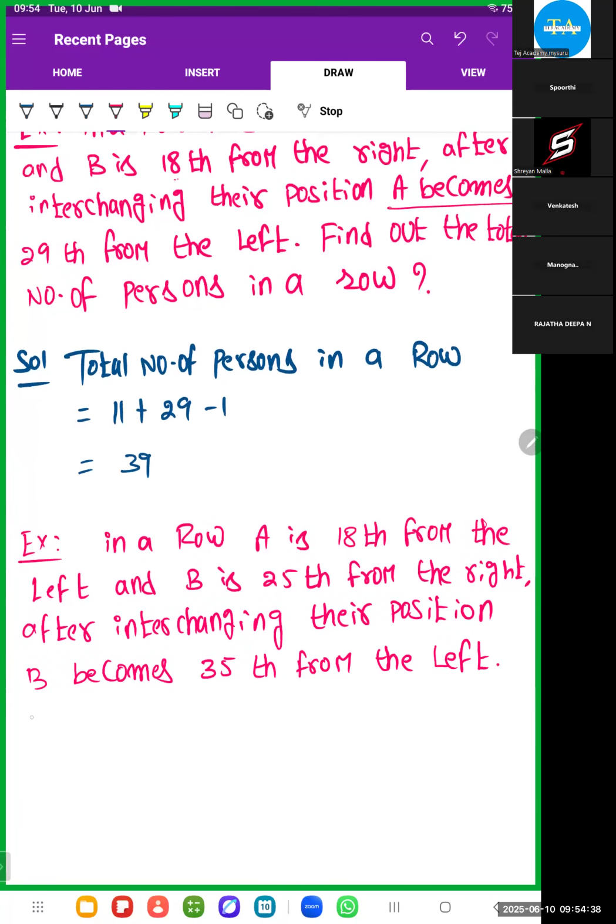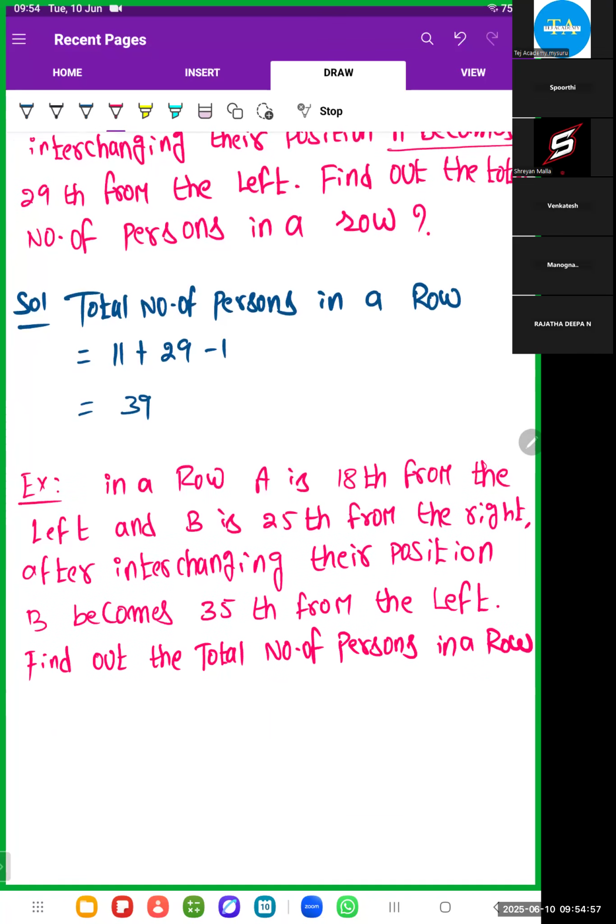Find out the total number of persons in a row. The answer is 59.